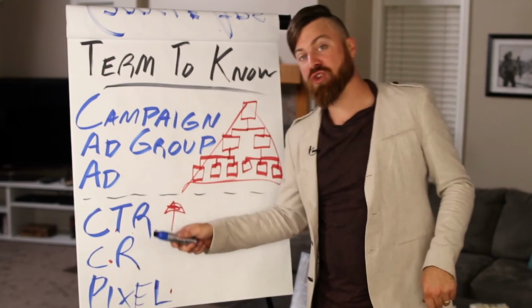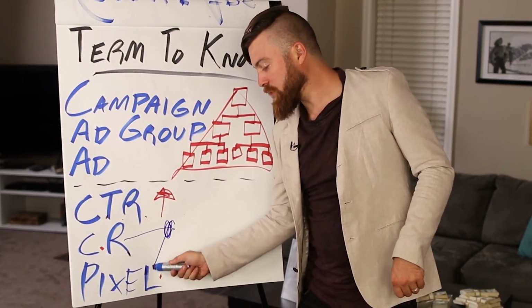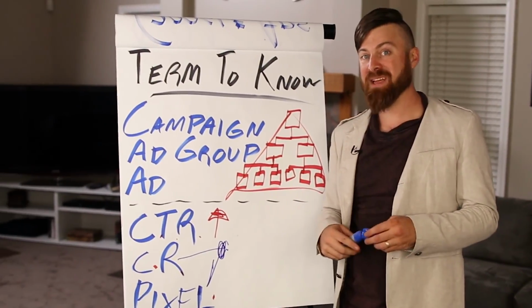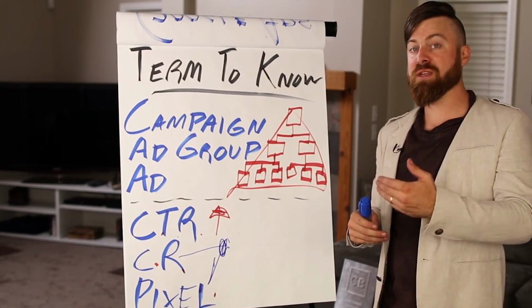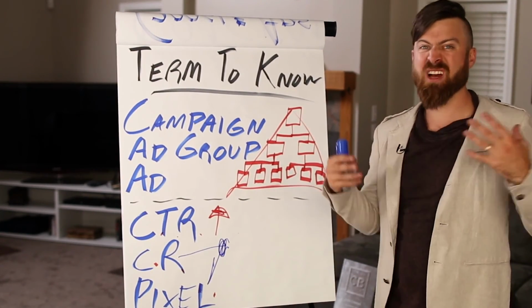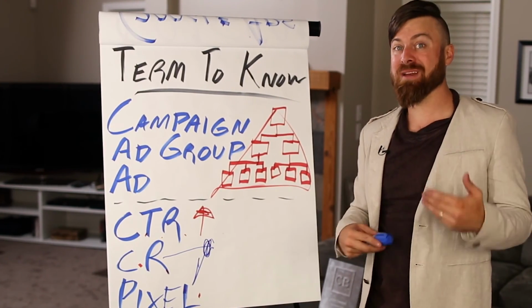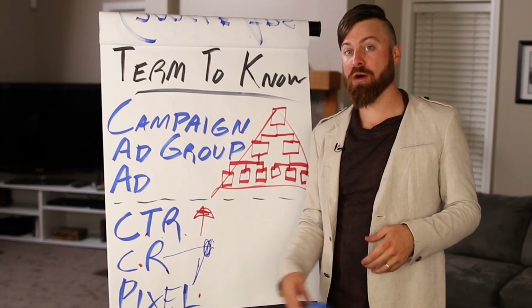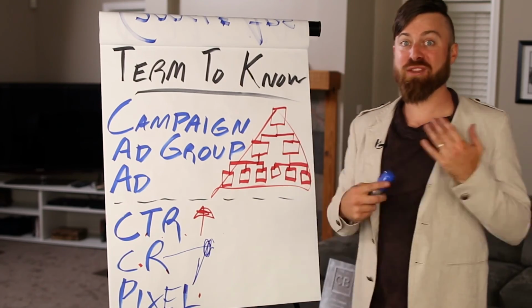Now, the way you actually measure if people are buying on your site is you use what's called a conversion pixel. And again, you can Google these terms. There's a lot more information on exactly how you can use a conversion pixel and how you can optimize data based on CTR and CR, but I'll leave that for another video in the future.